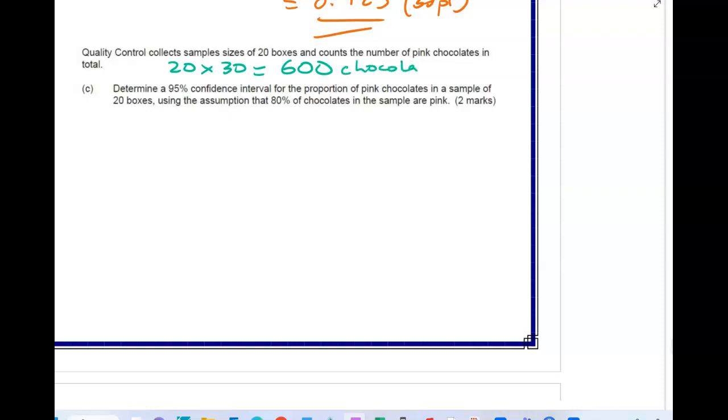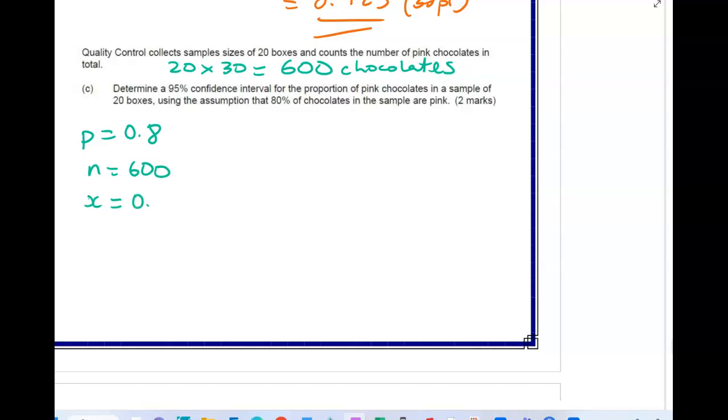So each sample has 600 chocolates, and we want a 95% confidence interval for the proportion of pink chocolates in your sample of 20, and we're making the assumption that 80% are pink, so that's your proportion. N is 600. And if we are putting this in, how many of that is pink?